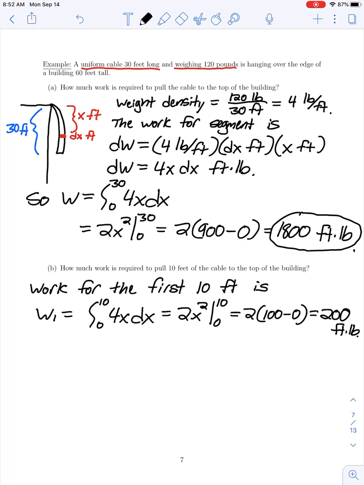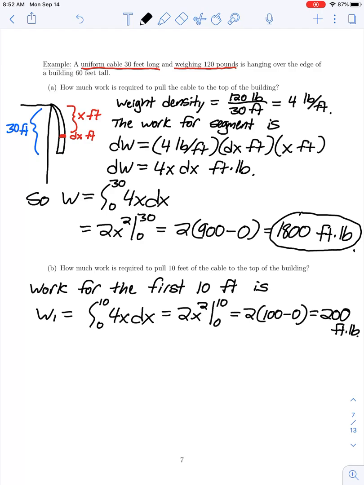But we have a total of 30 feet of cable. So when we pull in the first 10 feet, we're not only lifting a 10-foot cable to the top of the building, we're also moving the bottom 20 feet of the cable that hangs off the initial 10 feet of cable, a total distance of 10 feet to the top.